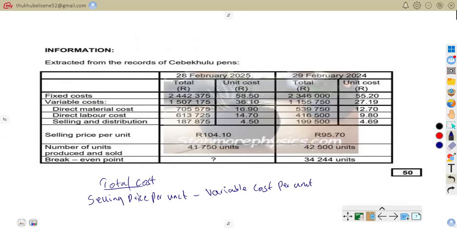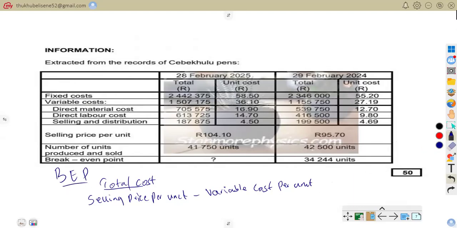So that is how we are going to calculate our break-even point, because we are asked to calculate what? Break-even point.